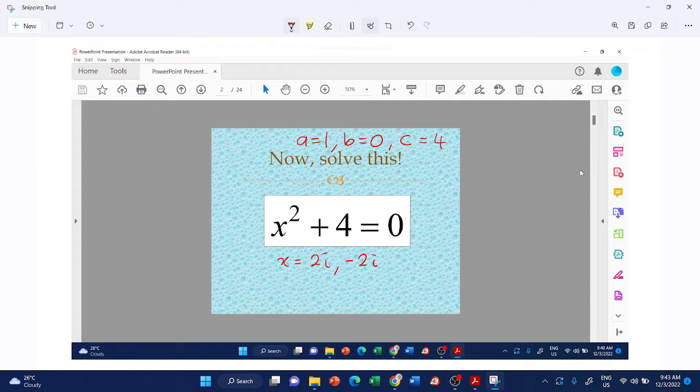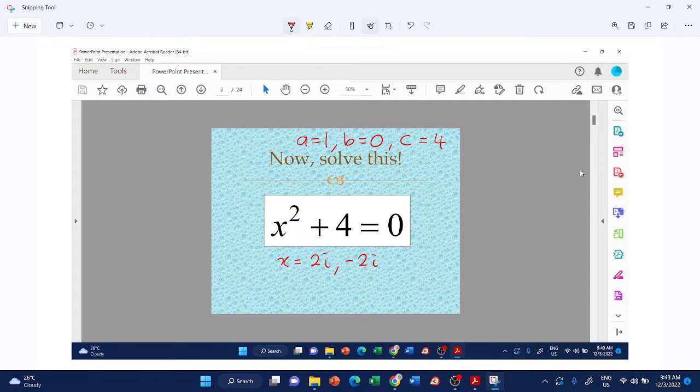Okay, so this is a complex number. Now, in the previous example, we have 2. The type of solution is a real number. Real number is a combination of integers, fractions, and decimal numbers. It does not have i notation.